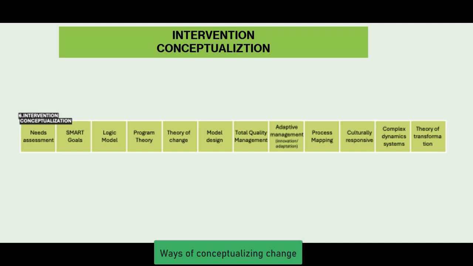Okay, then we have category number 6, ways of conceptualizing change, or intervention conceptualization. This has taken on an important role in evaluation over time, one that wasn't there in the beginning. In the beginning, we thought evaluation was just going to be about measuring goal attainment.